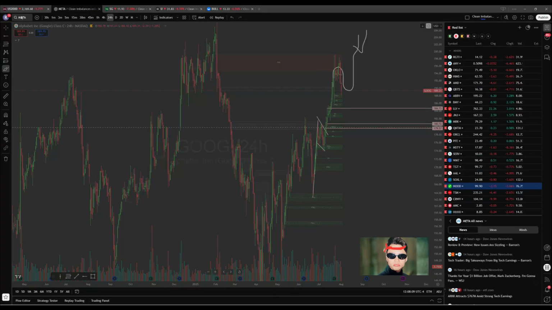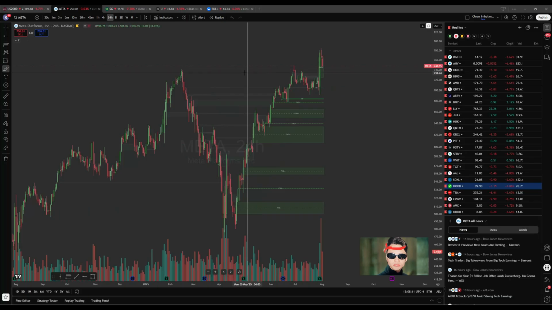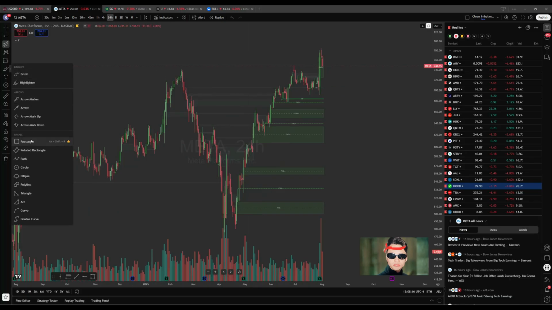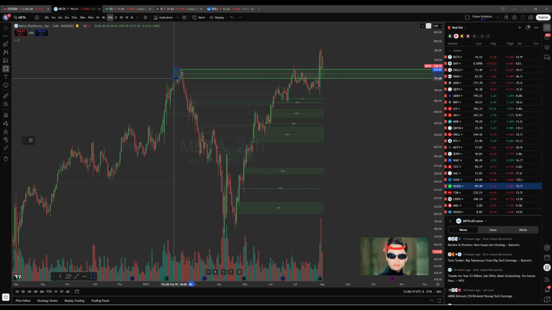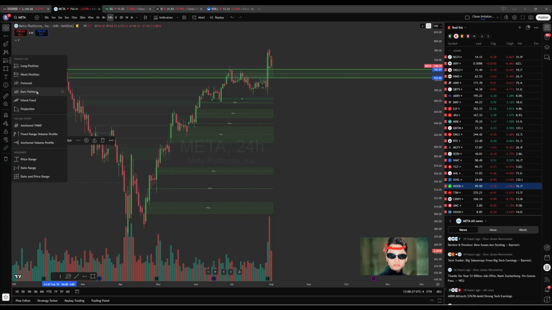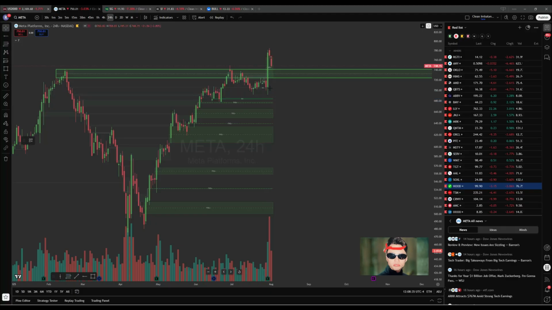Meta, yeah, oof. Meta strong. This area right here should be treated as support. I would just keep a chart here and see how price reacts in this new imbalance that it formed.